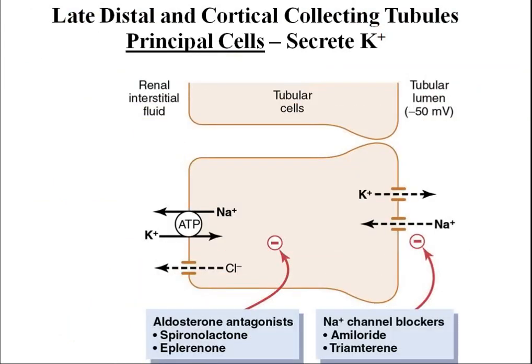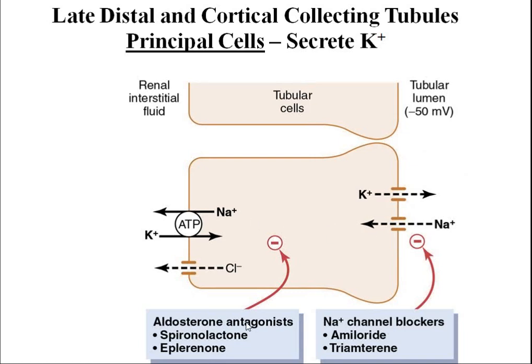So this is the function carried by the principal cells. The principal cells of the late distal tubules and cortical collecting tubules secrete potassium. They are absorbing sodium and secreting potassium, and this is mainly under the control of aldosterone. So aldosterone is causing these changes here.